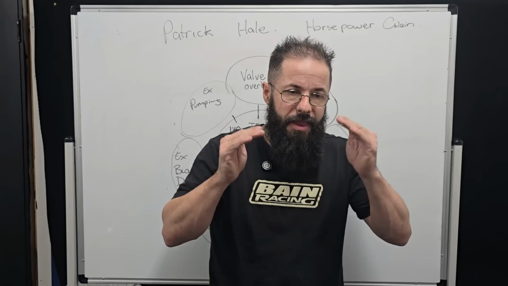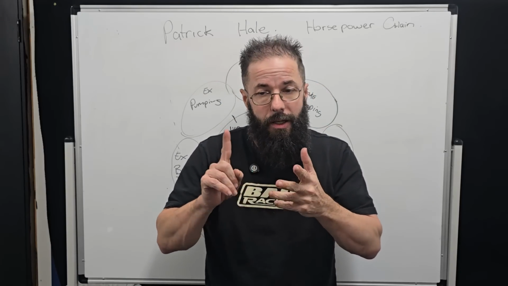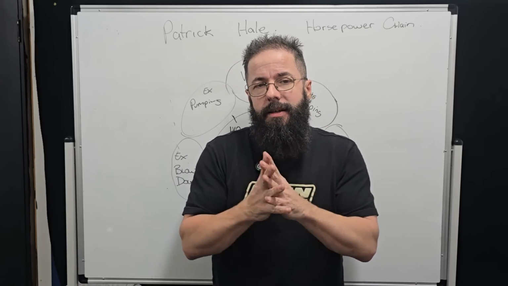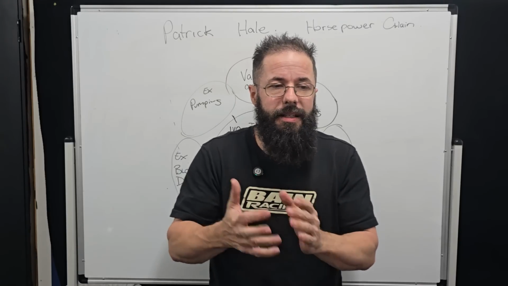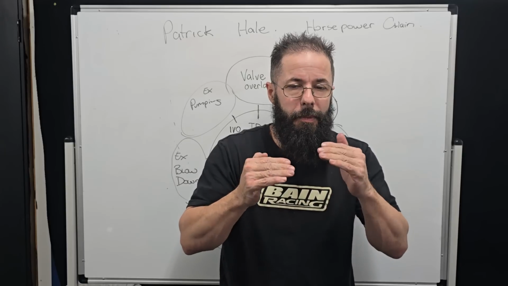So these are probably most important, the valve opening and closing event, and then we get on to the exhaust event. And the intake closing event is dictated by the runner length as well, and this is what a lot of people miss.